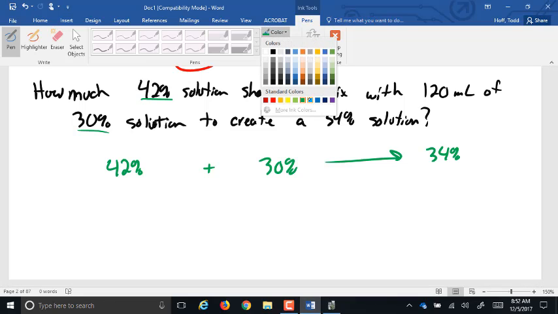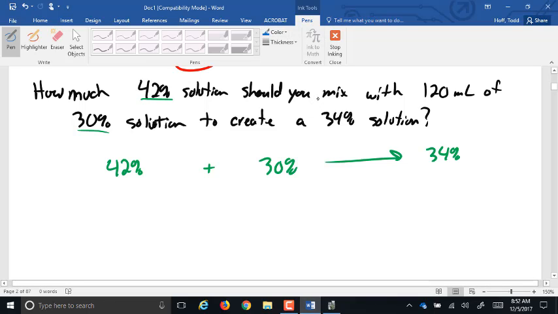What do we know for the volumes that we are mixing? 120 goes with which one? Yes, 120 of the 30%, so it's 120 milliliters. I'm trying to find how much of the 42%. I'm going to let that amount be X. How much of the 34% are we going to create then?